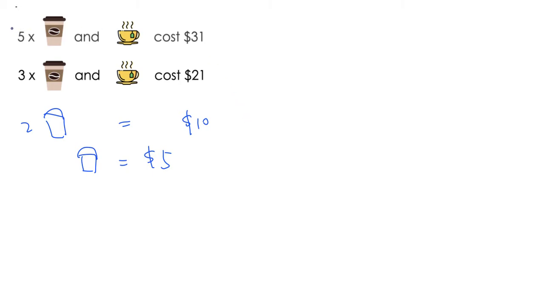And this way of solving simultaneous equations is called elimination, because the idea behind it is to get rid of one variable. In this case, it's the cup of tea. So let's have a look at what happened.